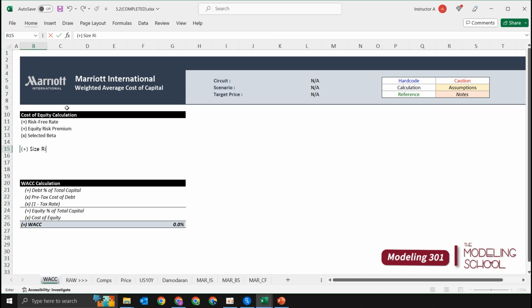Size risk: if the analyst thinks that this company is too small and needs to be slightly adjusted accordingly, we could always manually add a size risk.